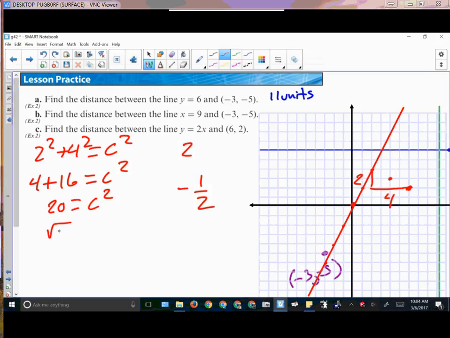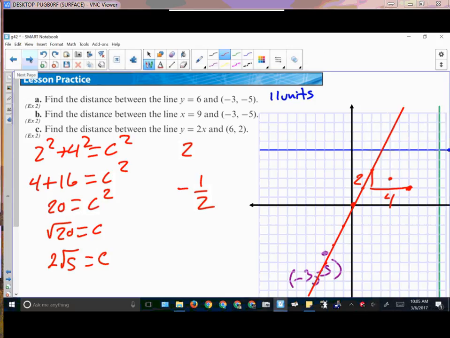Okay, square root of 20 is equal to c, which is 4, correction, 2 square root 5. So there we go. So there you go, Parker. Now you've seen how that's done.